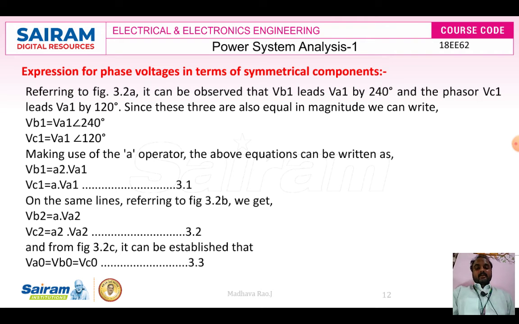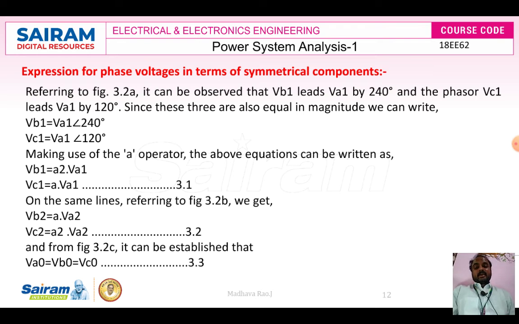VB1 is equal to a square into VA1, and VC1 is equal to a into VA1.